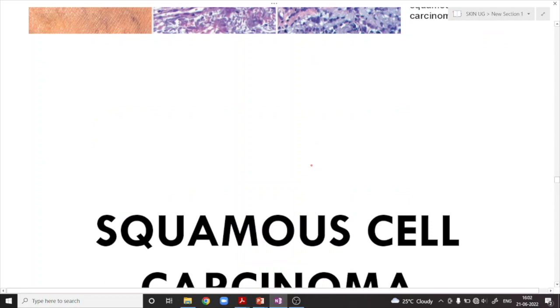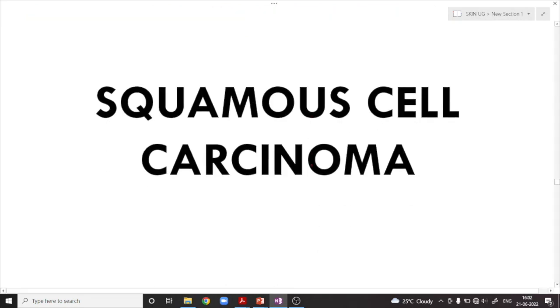So with this, we have completed actinic keratosis, which is one of the important precursor lesions to squamous cell carcinoma. We have read in detail about the pathogenesis, how it progresses towards squamous cell carcinoma, and what the histological features and risk factors are as well.